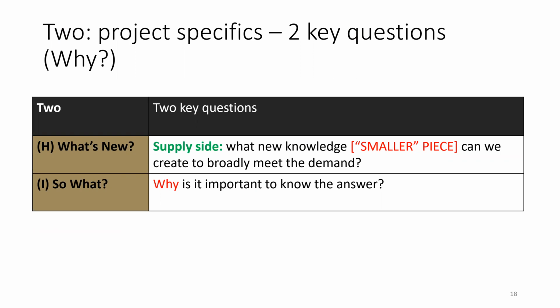So you are a researcher, you belong to a research community, and researchers like you are trying to supply some new knowledge to that community. So you're on the supply side. So the what's new is about making a statement around the new knowledge, and it's going to be a smaller piece relative to the demand side that you identified earlier.